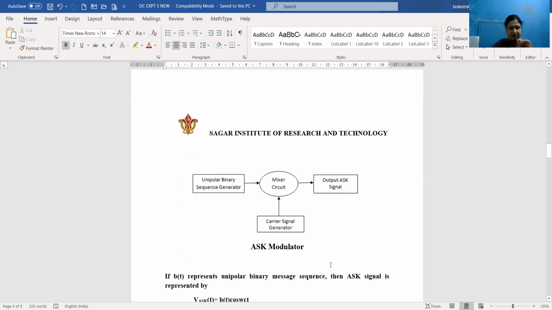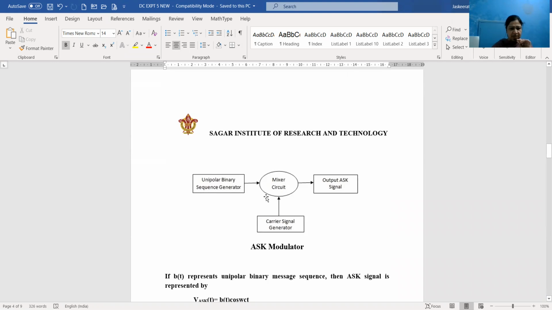Now in this figure, we will see the block diagram of the ASK modulator. Here we have a mixer circuit in which two inputs are given. One input is the message signal, which is a unipolar binary sequence generator. Unipolar signal means it has a signal of only one polarity.